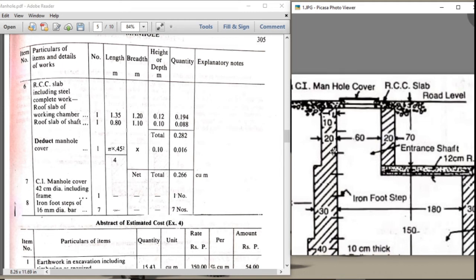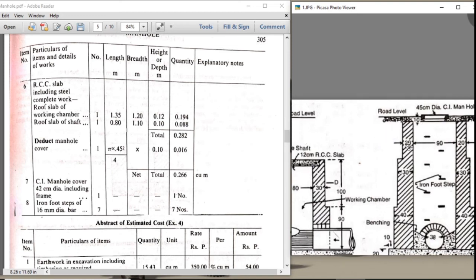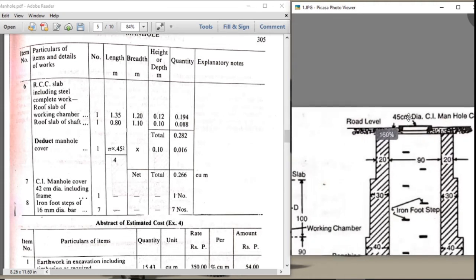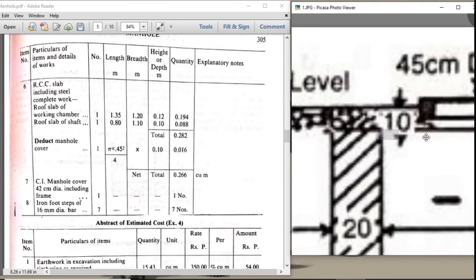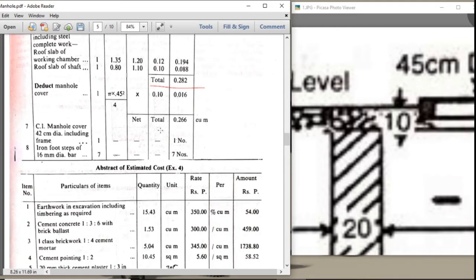See the wall here, this is a 20 centimeter wall. So for length it is 60 plus 10 plus 10, it is 0.80. And in the direction of EF, that is 90 plus 10 plus 10, that is 110. So height or depth given here is 10, 0.10. So 0.80 into 1.10 into 0.10 gives 0.088. So total we get 0.282 for the RCC slab including steel complete work.